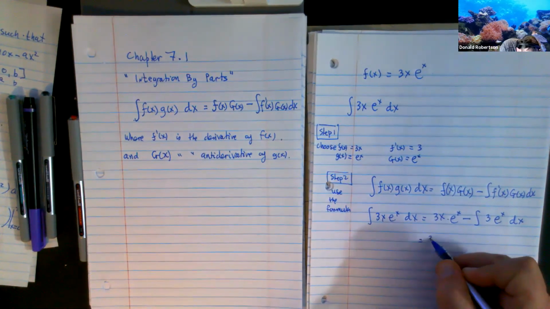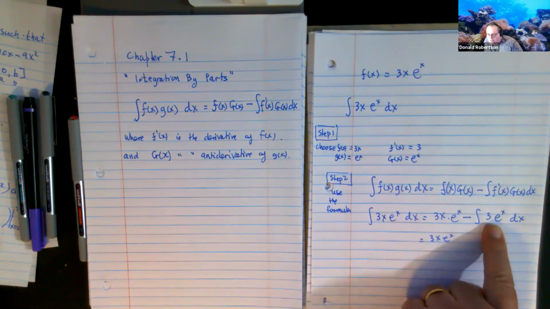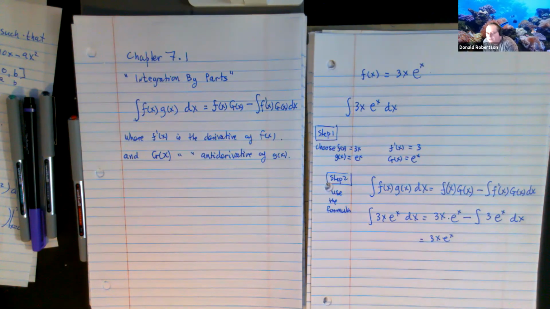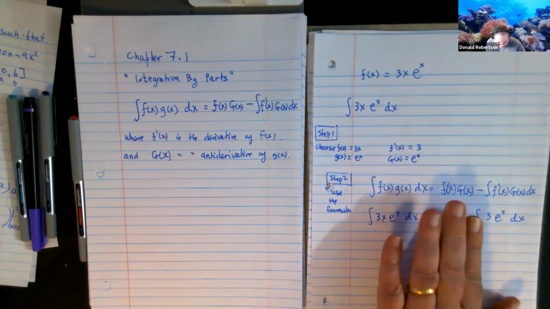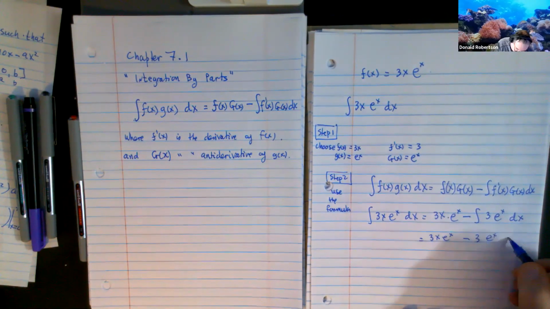Now in this particular question, can't we find the answer to this integral? What's the integral of 3e to the x? 3e to the x. So take away 3e to the x plus c.